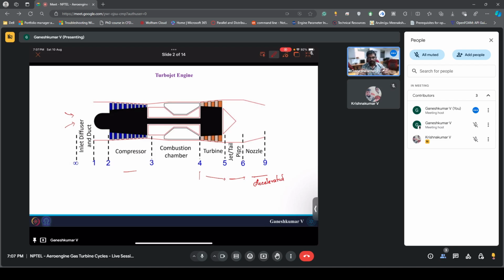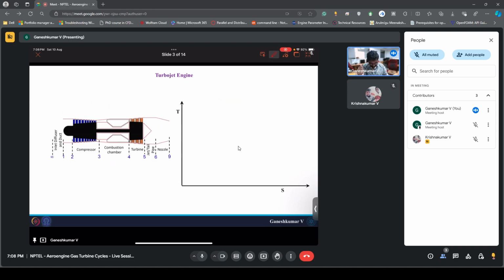A spool is nothing but this connection between the compressor and turbine. So it will be like concentric hollow cylinders, one over the other, if you have two spools. If it is a single spool, it will be one solid cylinder. Okay. This is a typical turbojet engine.